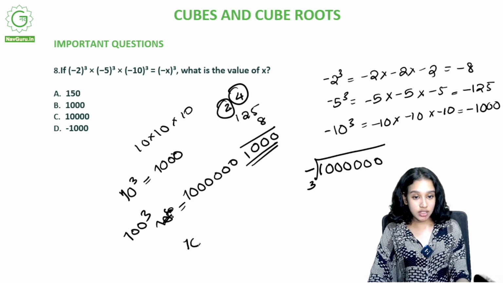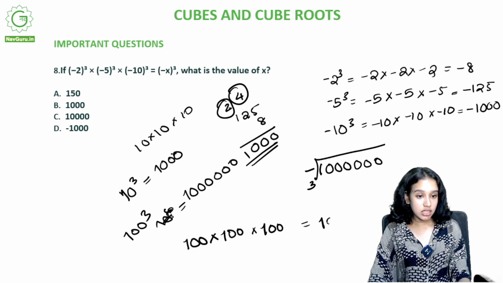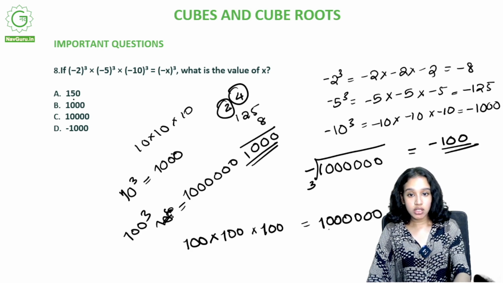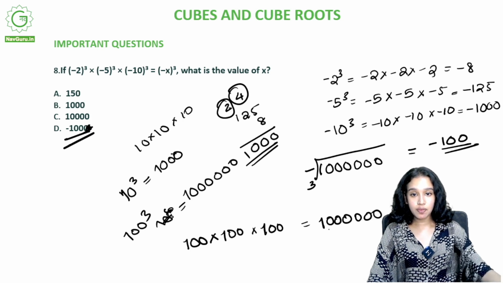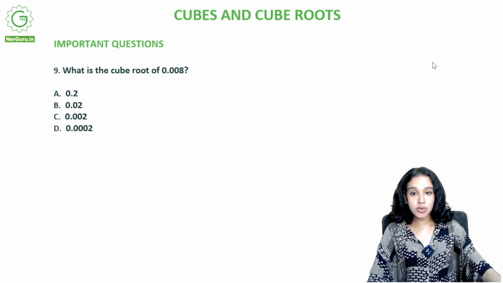Let's see, 100 into 100 into 100, which will give us 1 and 6 zeros. So we know the answer is minus 100. There is a small mistake in the options, it's minus 100. So moving on to the next question.